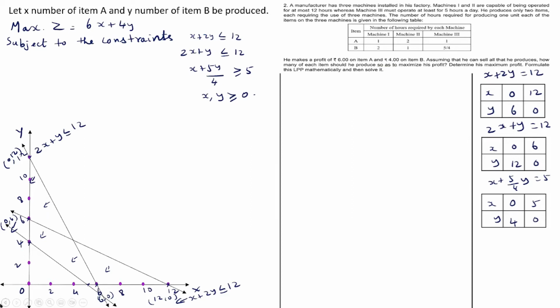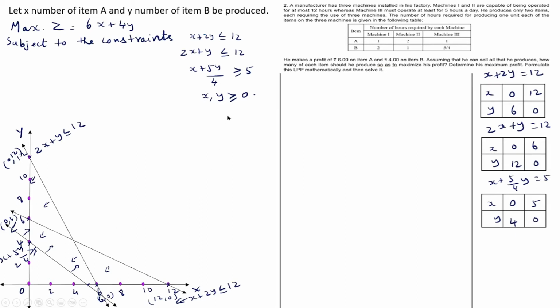But we need the region corresponding to this inequality, x + 5y/4 ≥ 5. If we substitute the coordinates of the origin, x as 0 and y as 0, and check, we see that the origin does not lie in this region. So the region corresponding to x + 5y/4 ≥ 5 is this part.